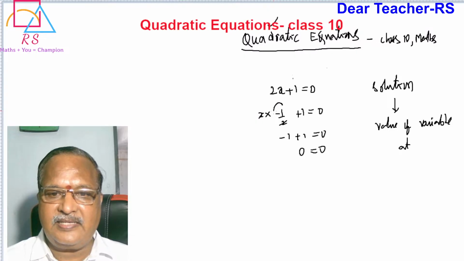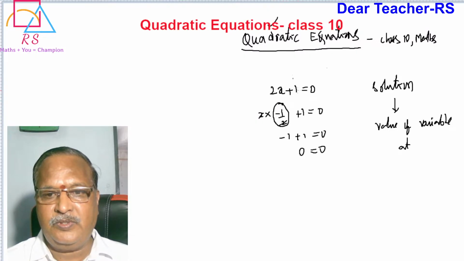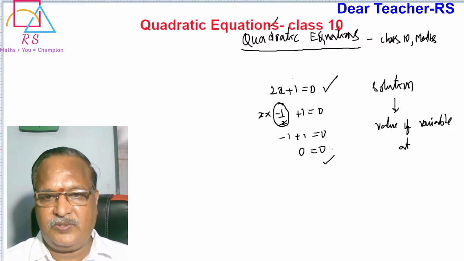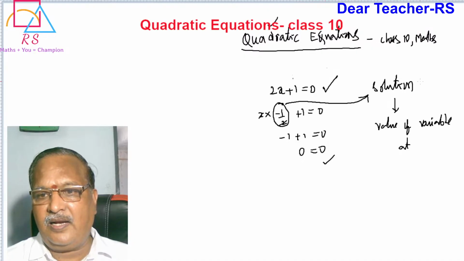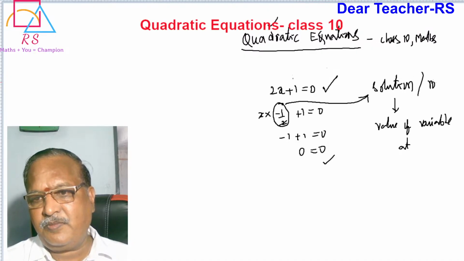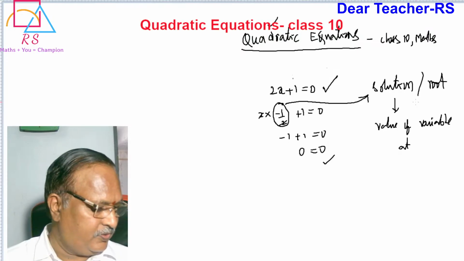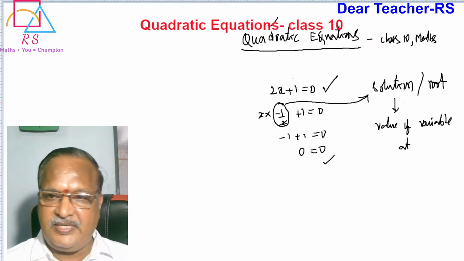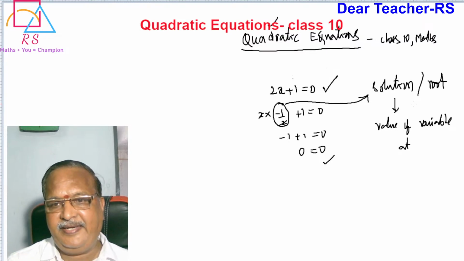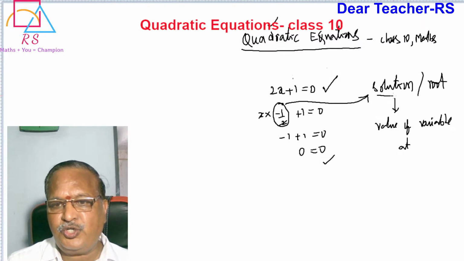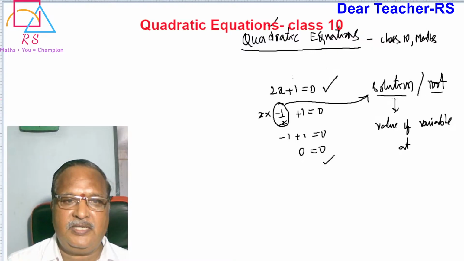So at x is equal to minus 1 by 2, this equation became 0. Therefore, this is the solution of this equation. Another name for this solution, some people will write root also. If you are using zero for polynomial, root is for equation. So solution and root are both equal.